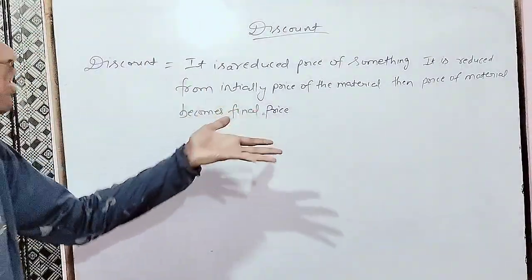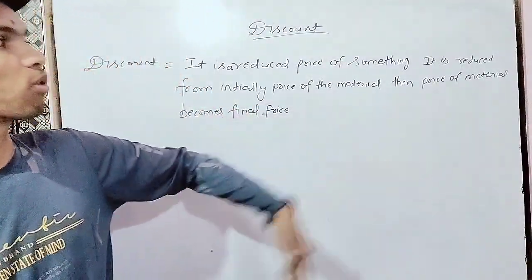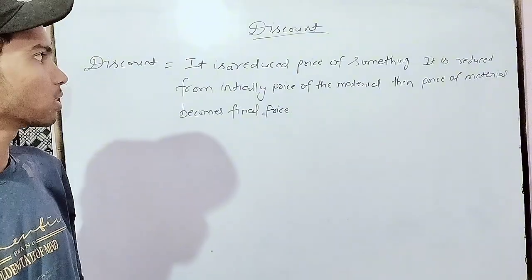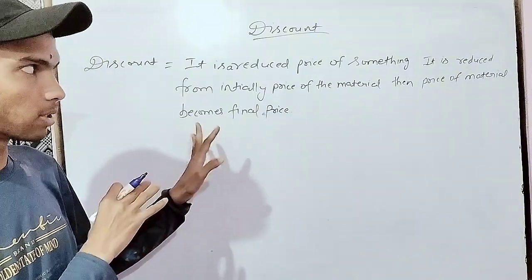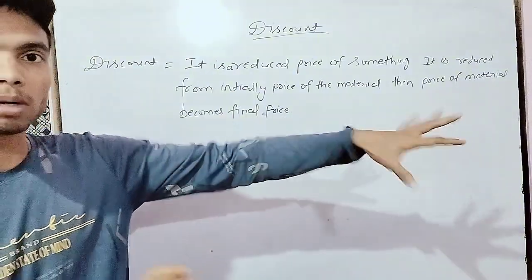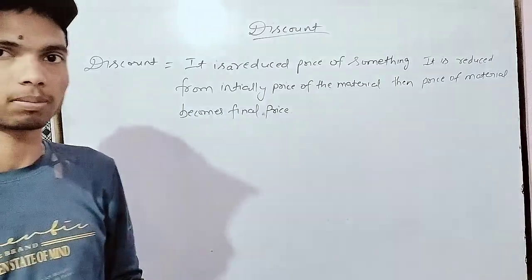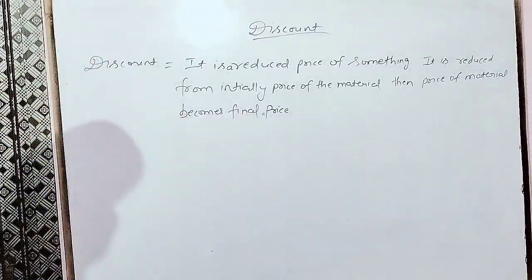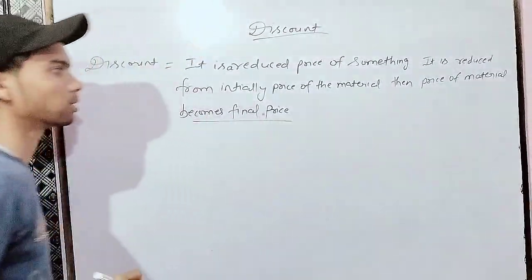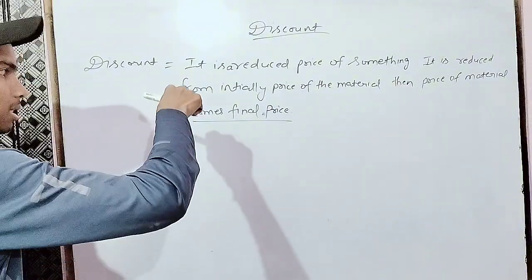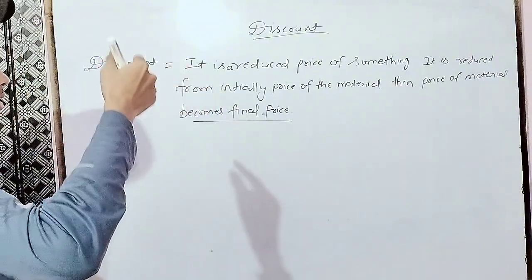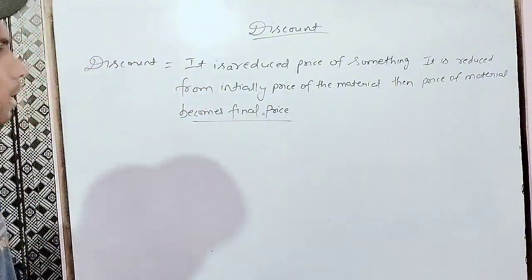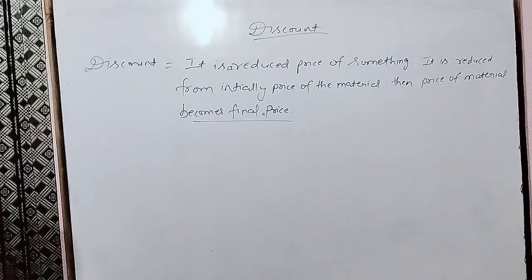So it is a reduced price of something. It is reduced from the initial price of the same material. Then the price of the material becomes the last price, and at this price we get the material.